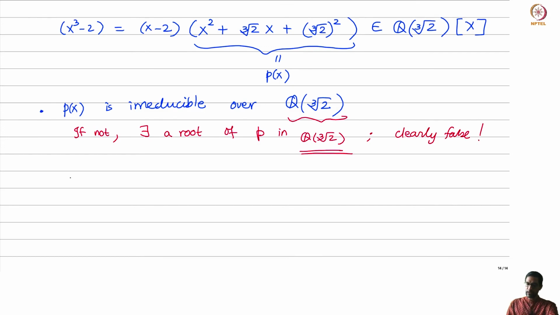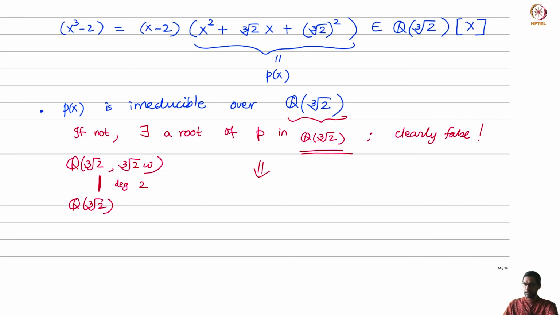So what that means is, if I take this cube root of 2 and adjoin this additional element, cube root of 2 times omega, it satisfies the polynomial p, and that polynomial has degree 2 and is irreducible. That means the degree of the extension is the same as the degree of its minimal polynomial.